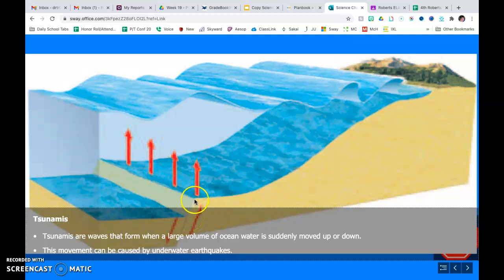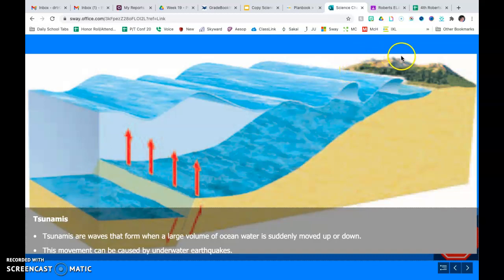So you can see this huge displacement of land by this underwater earthquake. All of this volume of water has to go somewhere. So it rises up, and then as it gets closer and closer to shore, you've still got the same volume of water. So it just creates this massive wave called a tsunami that you can't outrun.